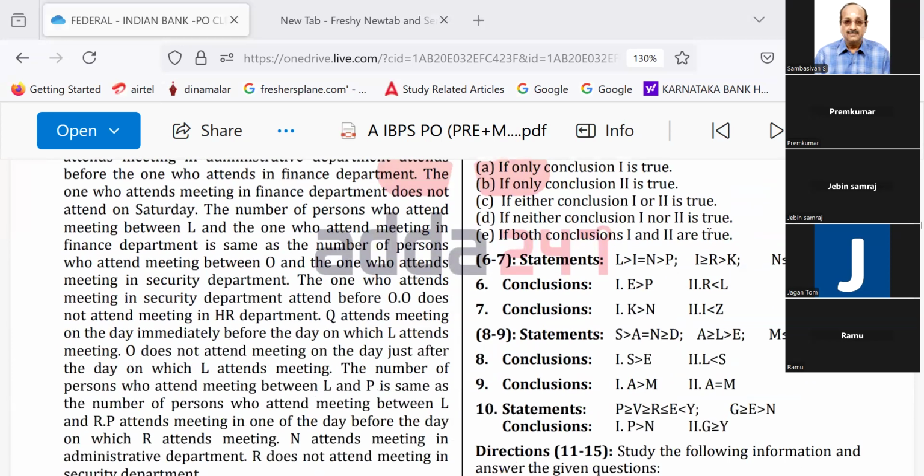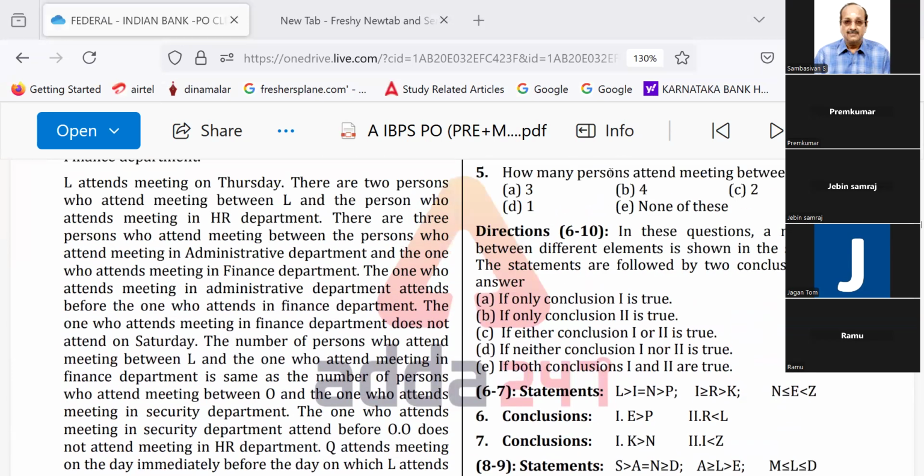Now, please take up question number 6 to 10. In these questions, a relationship between different elements is shown in the statements. The statements are followed by two conclusions.